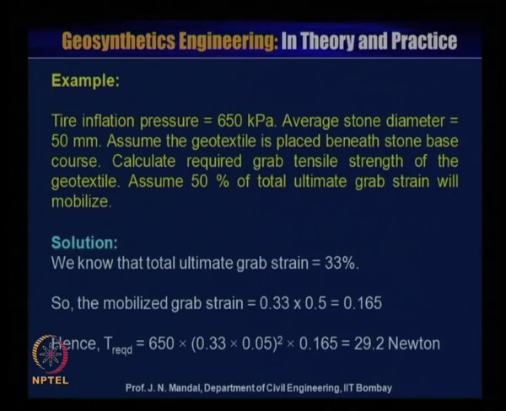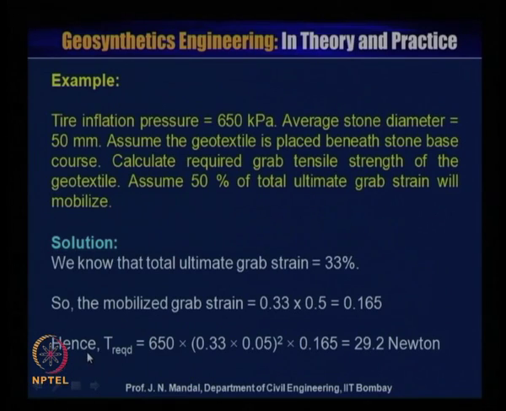So, now go for the solution. We know that the total ultimate grab strain is 33%. So, what should be the mobilized grab strain? 50% of the total. So, 50% of the total grab strain means 0.33 times 0.5 is equal to 0.165.